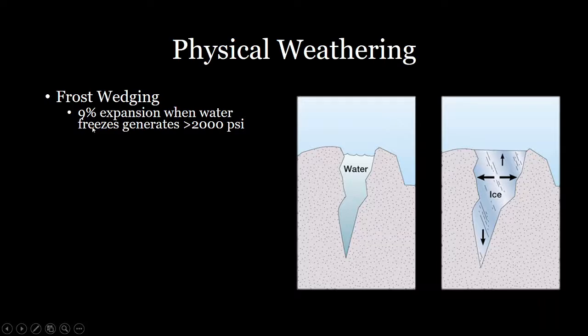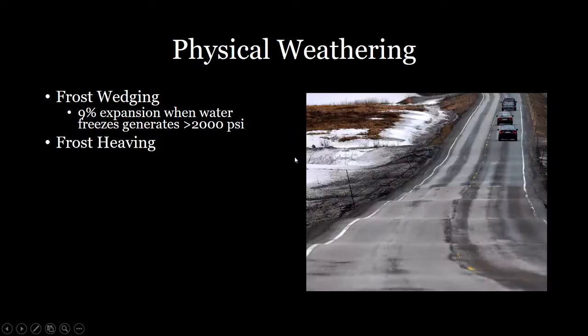It expands by 9% because of the density difference between water and ice, and then it produces about 2,000 pounds of pressure. That's a significant amount of PSI to pry this rock apart. So frost wedging is a major component of weathering.